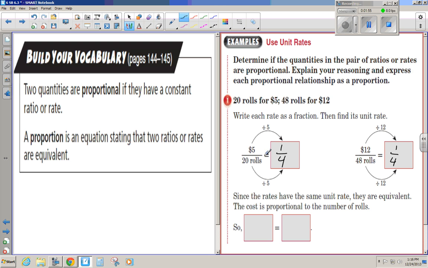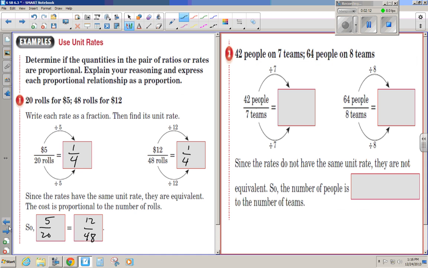So you can say that 5 over 20 is the same as 12 over 48. Now, 42 people on 7 teams, 64 people on 8 teams. So here, we're going to unit rate.